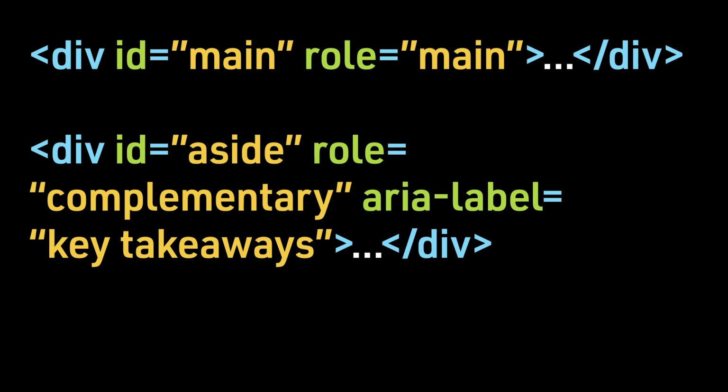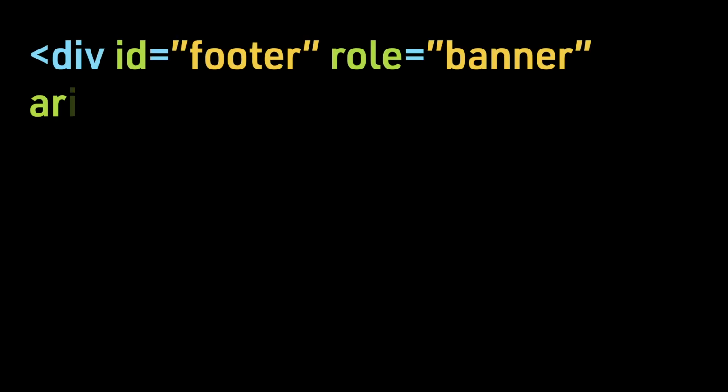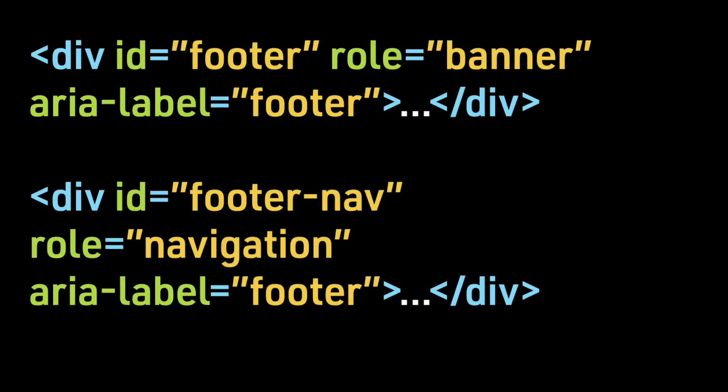Div, ID aside, role complementary, ARIA label key takeaways, end div. Div, ID footer, role banner, ARIA label footer, end div. Div, ID footer nav, role navigation, ARIA label footer, end div.